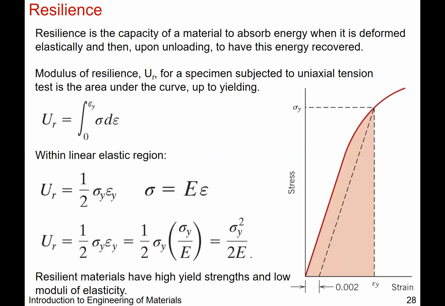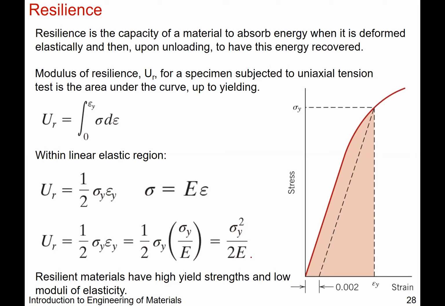Okay, more technical terms: resilience. When we talk about the resilience of a material, we're talking about its capacity to absorb energy, but only when it's deformed elastically. We haven't entered the plastic regime yet, where we deform the material in a way that is not recoverable. It's still recoverable at this point.